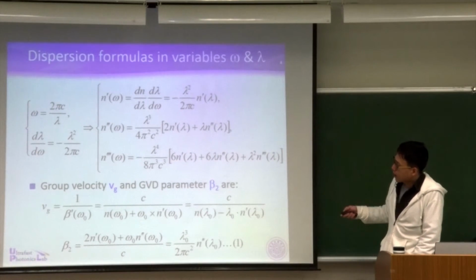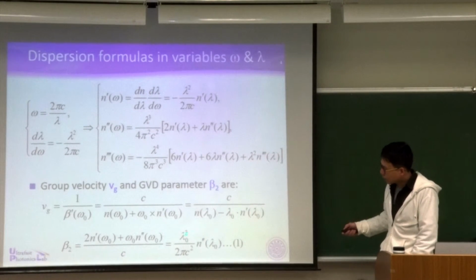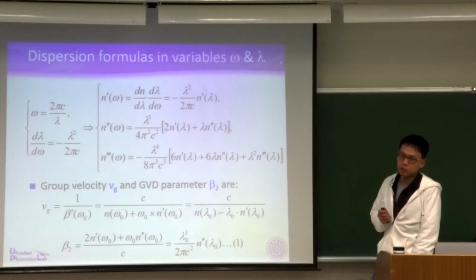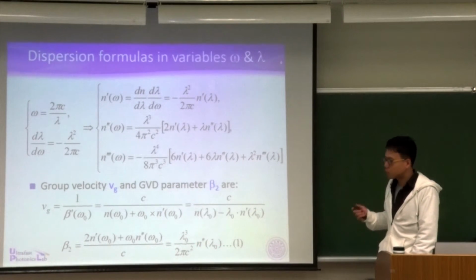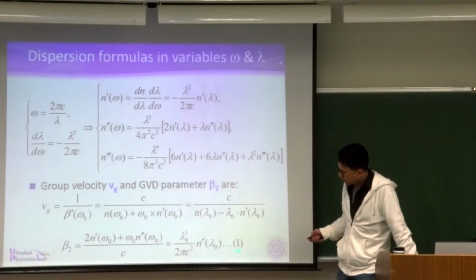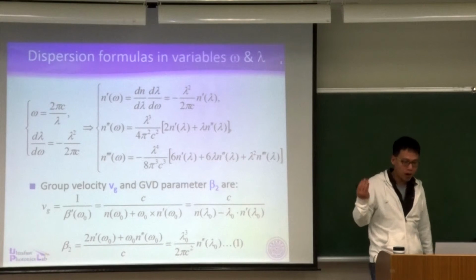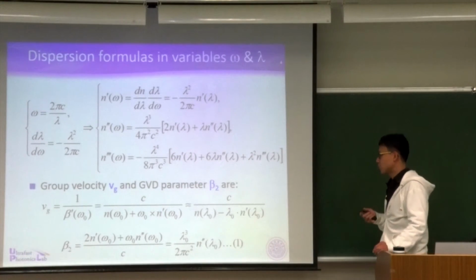And if you apply n prime substituted by this one, and n double prime substituted by this one, you get a simpler formula, which is just a constant times n double prime of lambda 0. Okay, and this is equation 1. We might need to access this formula in the future.